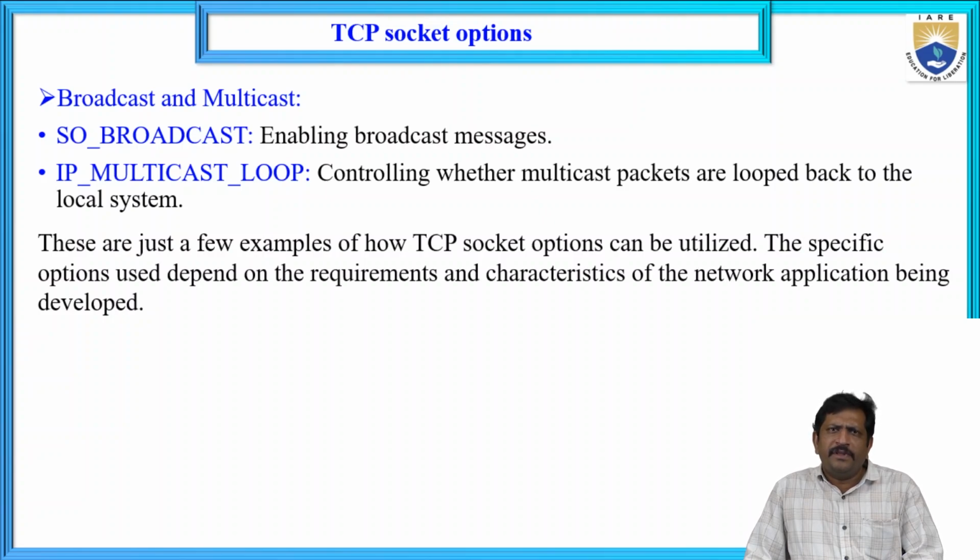These are just a few of the applications of how TCP socket options can be utilized over the network. The specific TCP socket options used depend on the requirements and the characteristics of the network application being developed.